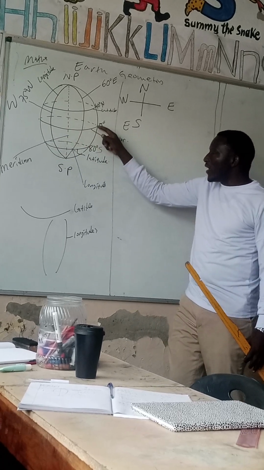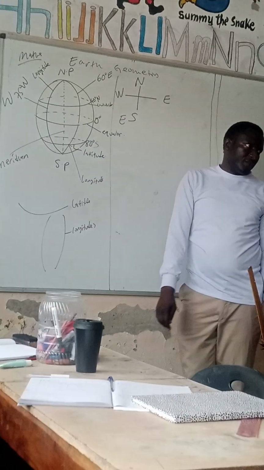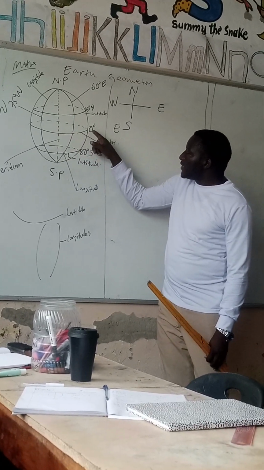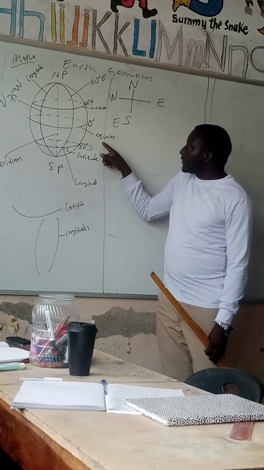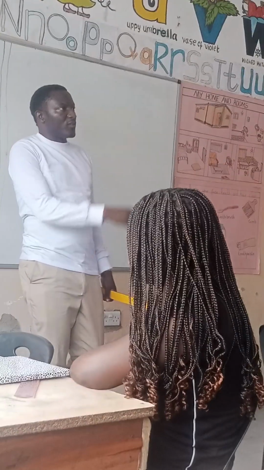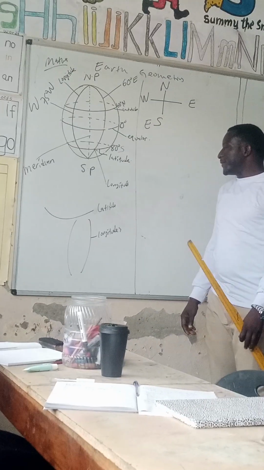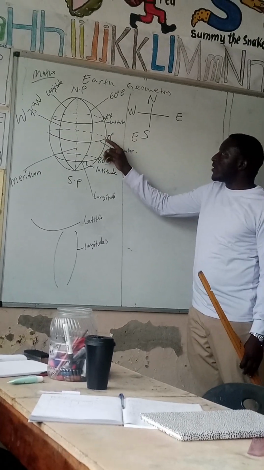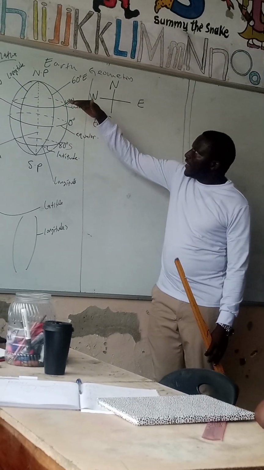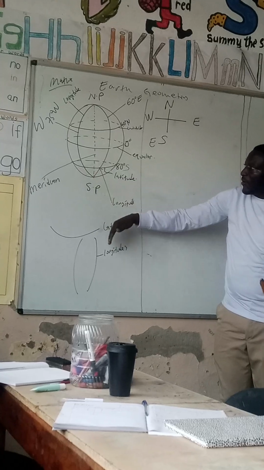That line or circle is the equator, 0 degrees. That is the equator. It just separates the north and the south.